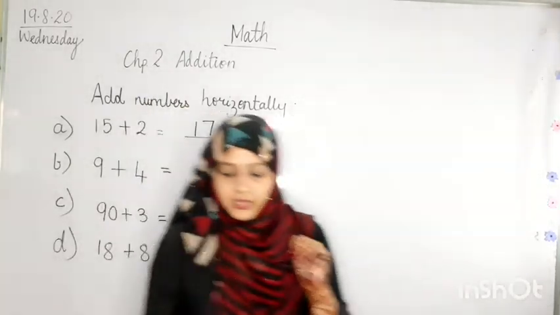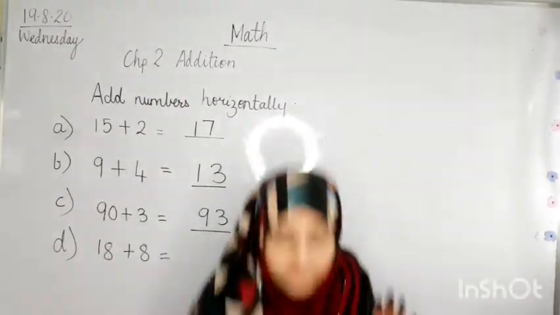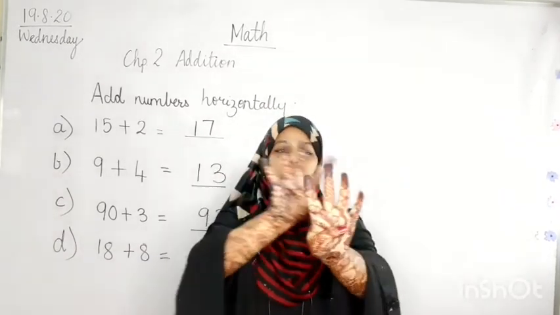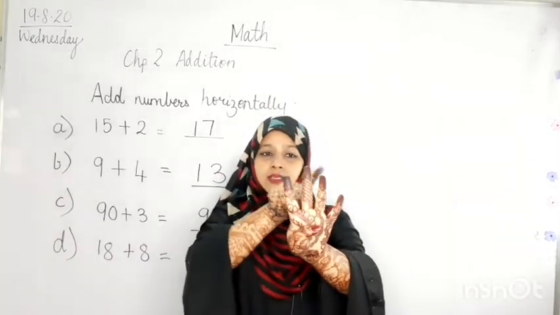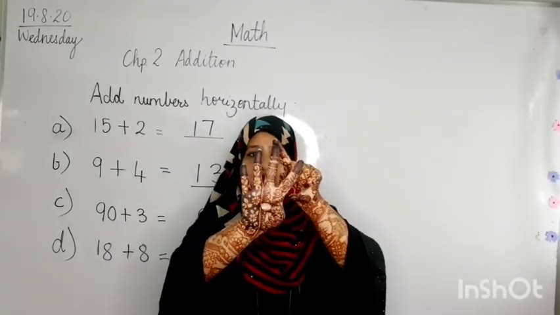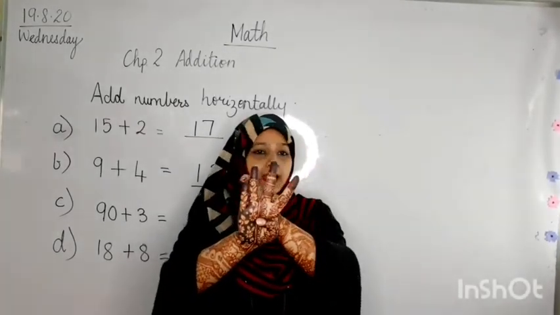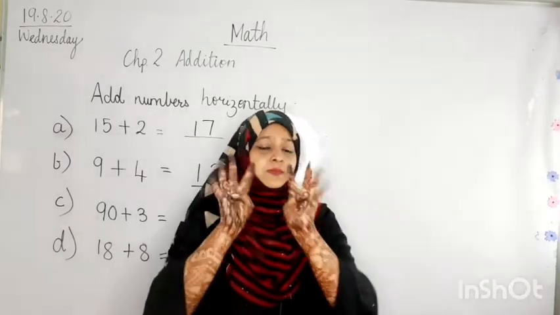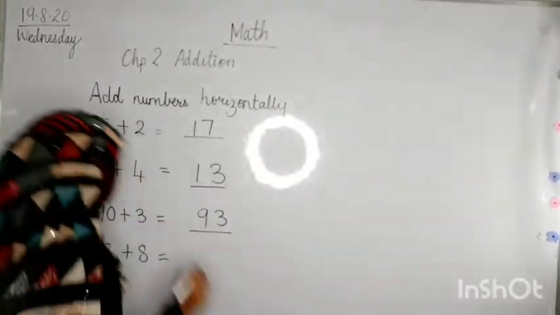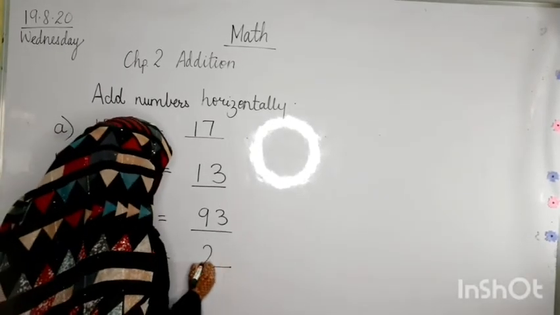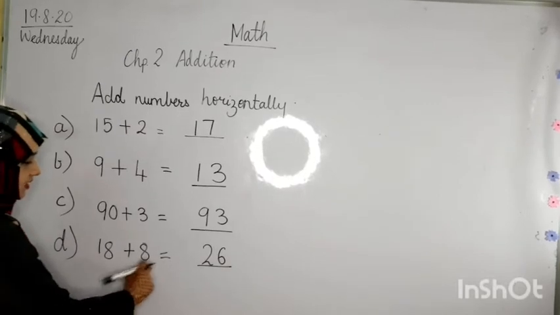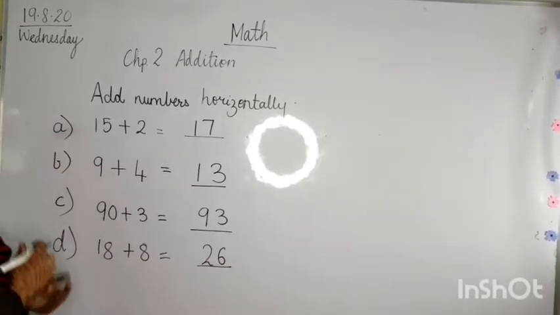After 18, we are going to count 19, 20, 21, 22, 23, 24, 25 and 26. So, 18 plus 8 gives me the answer, that is 26.